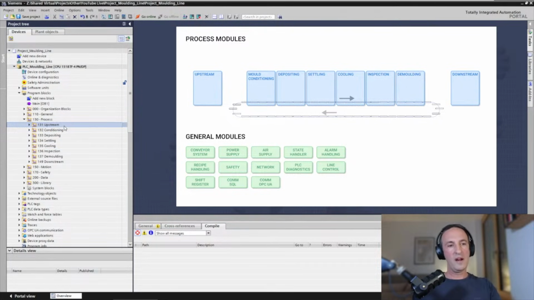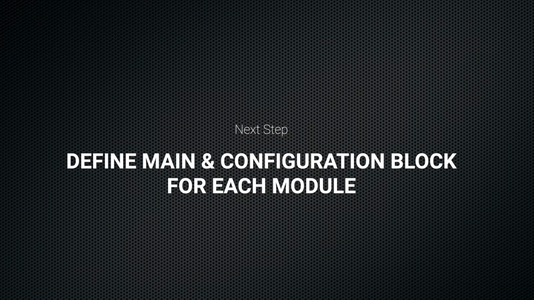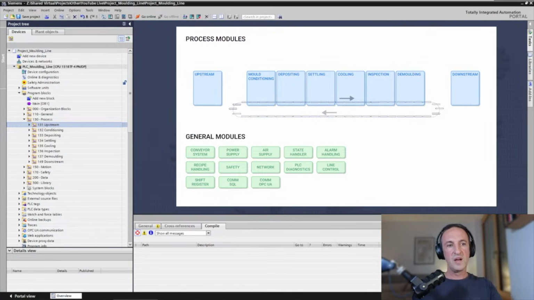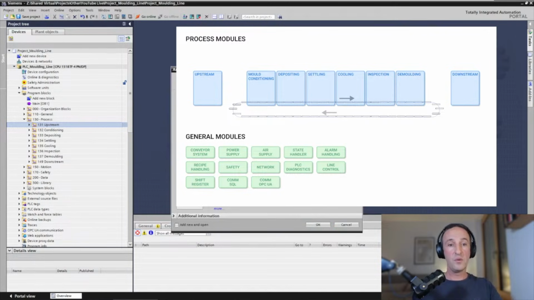Then what I normally do is that for each module, I define a minimum of 2 function blocks. For the first one, I'll take the example of upstream: I will create a new block, the main function block for upstream, FB upstream main. Oh no, we're going to do this as an FC.